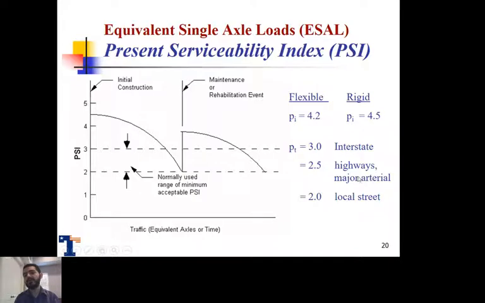If it's a highway or major arterial, it's 2.5. If it's a local street, it's going to be equal to 2. So this is how we define the initial serviceability all the way to the terminal serviceability. The terminal serviceability, as this shows, somewhere between 2 and 3 is failure, depending on the importance and the classification of the roadway that we're looking at.